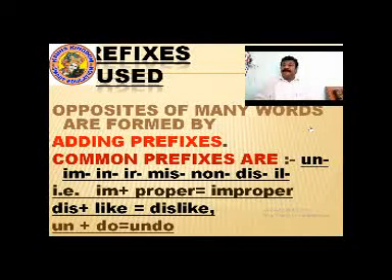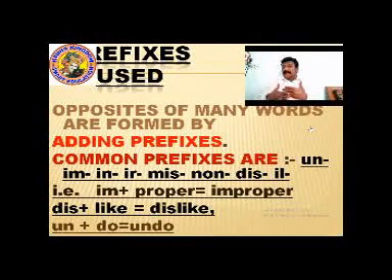For example, IM plus proper becomes improper. Exactly the opposite. Proper is a proper thing. When we use IM prior to that, what is IM? IM is a group of letters which is added prior to the word.